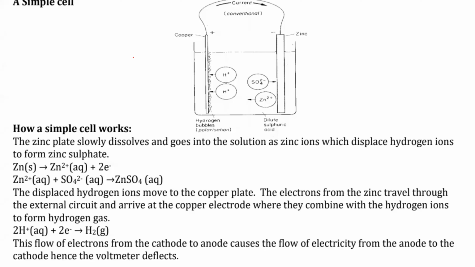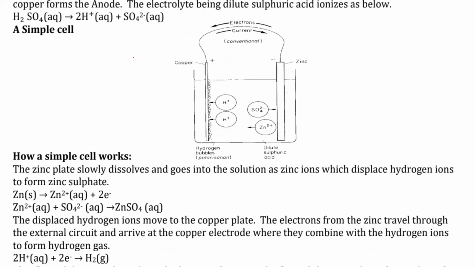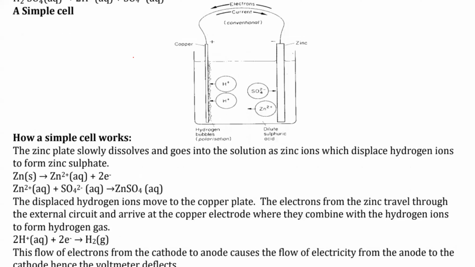Reacting means that it will react with the sulfate ion. Remember, our acid ionized into hydrogen ions and sulfate ions. Why is it able to ionize? Because it is in its dilute form, and since it's aqueous, then it has both positive and negative ions.